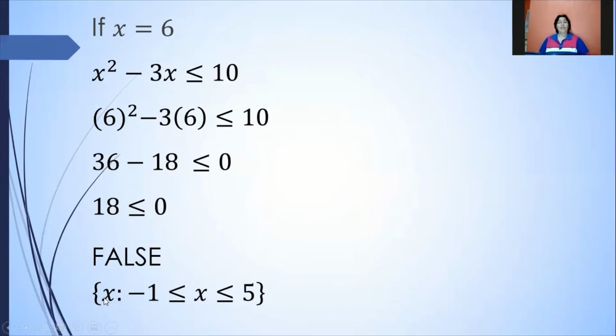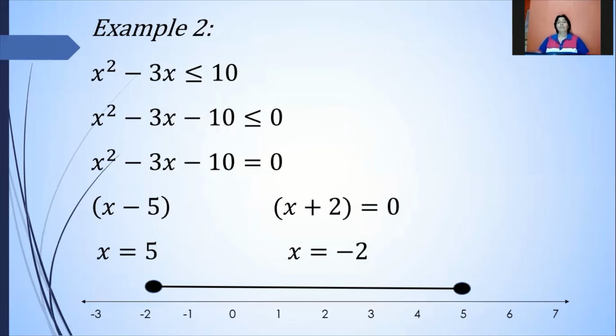This is the set builder notation where x such that x is greater than or equal to -2 but less than or equal to 5. Let us look at the graph again.